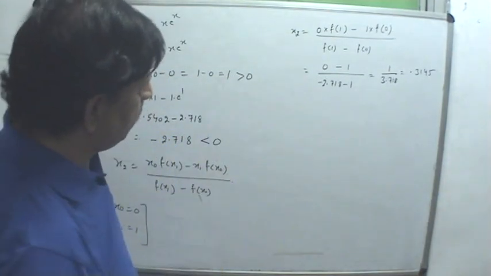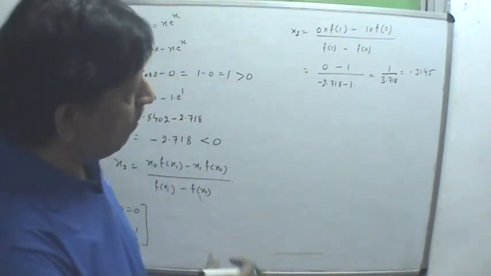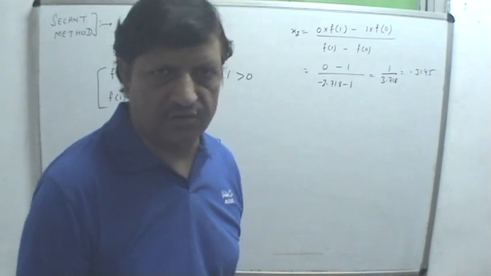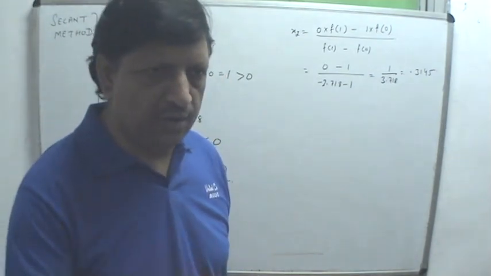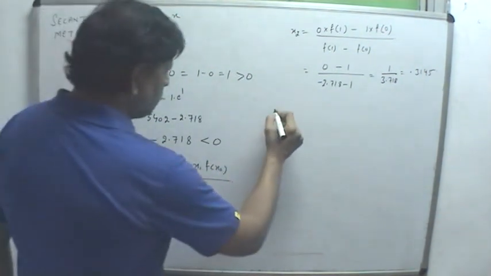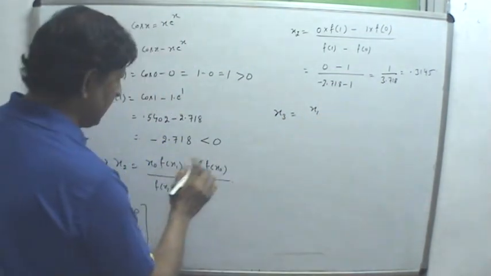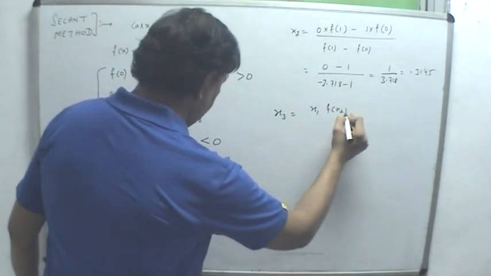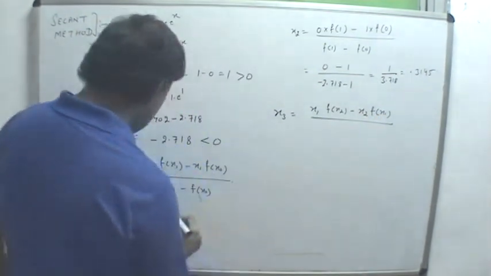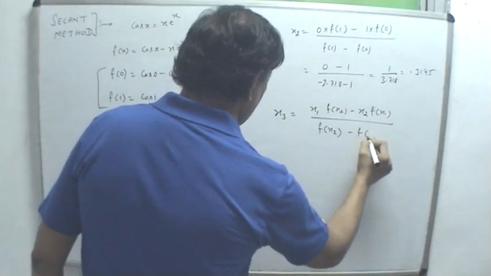Now we change the procedure which we followed in the previous two methods, the bisection and regula falsi methods. We do not consider the number line. We are not going to divide the number line into two parts, but we are going to change the values of our variable. How? Let us say this is x2. The next value x3 is equal to, here x0 becomes x1 and x1 changes into x2: x1 into f of x2 minus x2 into f of x1, divided by f of x2 minus f of x1.